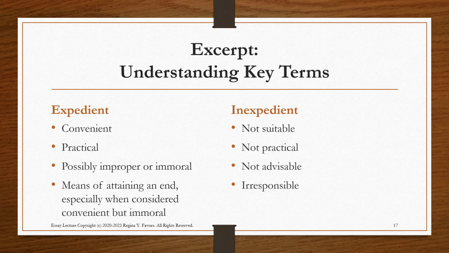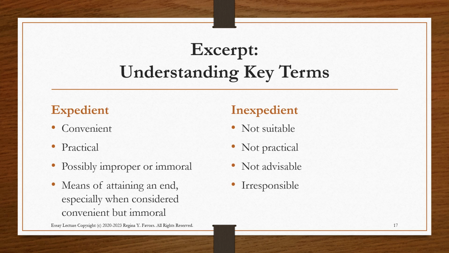But expedient meaning convenient, practical, possibly improper or immoral means of attaining an end, especially when considered convenient but immoral. Inexpedient meaning not suitable, not practical, not advisable, irresponsible. So Henry David Thoreau had a problem with slavery, and slavery was a solution at that time for economic reasons, right?